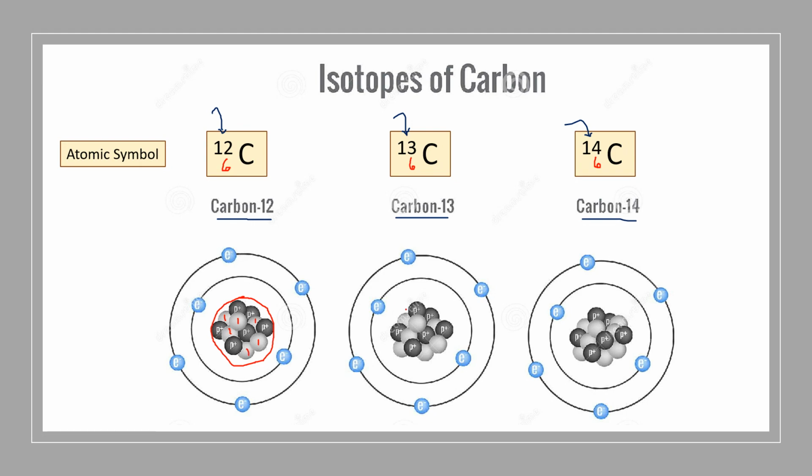If you take a look at this one right here, you can again count those 6 protons in the nucleus, but 1, 2, 3, 4, 5, 6, 7. It's got 7 neutrons, which we knew because if you take 13 minus 6, the mass number minus the proton number, that will give you 7 neutrons. Okay, and in the first one we had 6 neutrons.